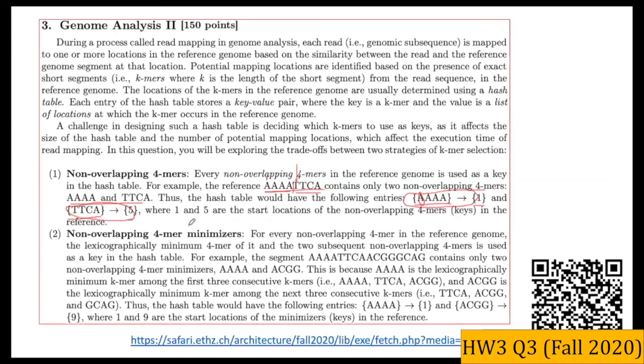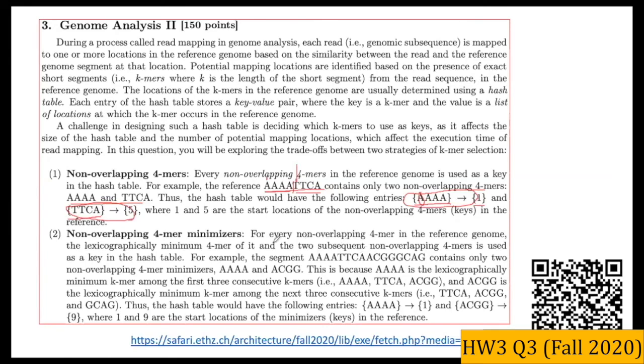Now the second method, we call it non-overlapping k-mer minimizers. It's the same method we use here, but we try to minimize the number of seeds we extract. Now I'll explain in more detail. For every non-overlapping k-mer in the reference genome, the lexicographically minimum k-mer of it and the 2 subsequent non-overlapping k-mers is used as a key in the hash table.